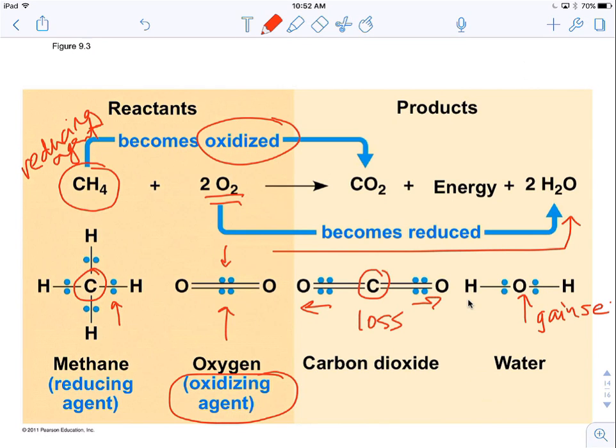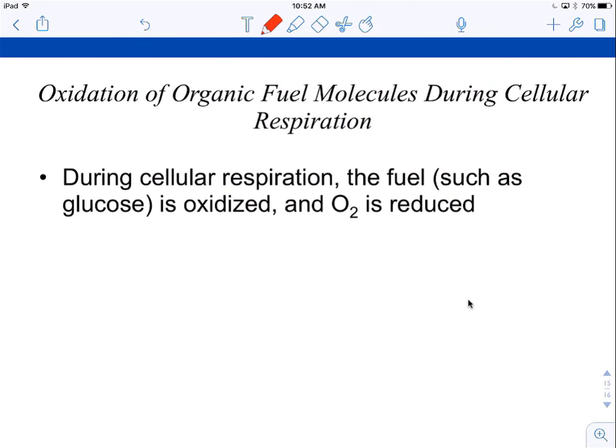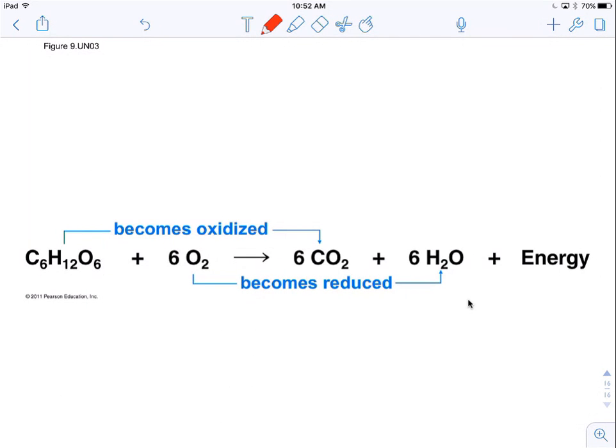Okay, so now let's look at how this is going to work for cellular respiration. In cellular respiration, the fuel, such as glucose, is oxidized, and oxygen is reduced. So if we look at our summary reaction for cellular respiration, the carbon in glucose is going to lose electrons because of moving from a non-polar bond to a polar bond. So it becomes oxidized, and glucose is my reducing agent.